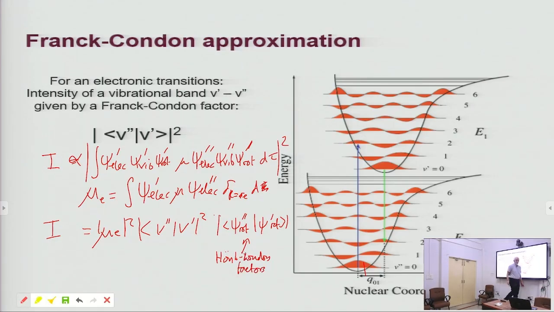And the rotations are represented with just angular momentum rotation matrices. So this is just an exercise in angular algebra, which I don't propose to go through. They're called Hönl-London factors because Hönl and London first worked them out. But they're just numbers. They actually give you your selection rules, basically.